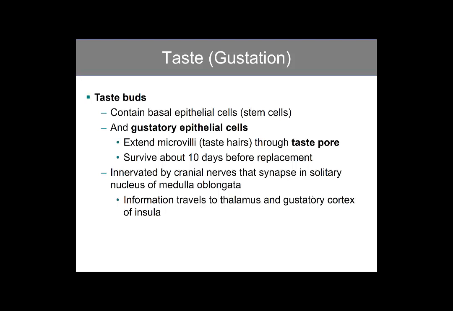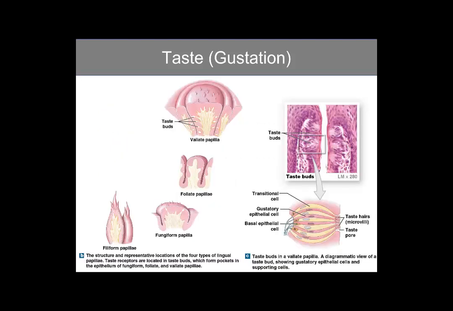They're innervated by cranial nerves that synapse in the solitary nucleus of the medulla oblongata, and the information travels to the thalamus, and then from there to the gustatory cortex of the insula. Remember, the insula is that little island of cortex located between the temporal and the frontal/parietal lobes of the cerebrum.